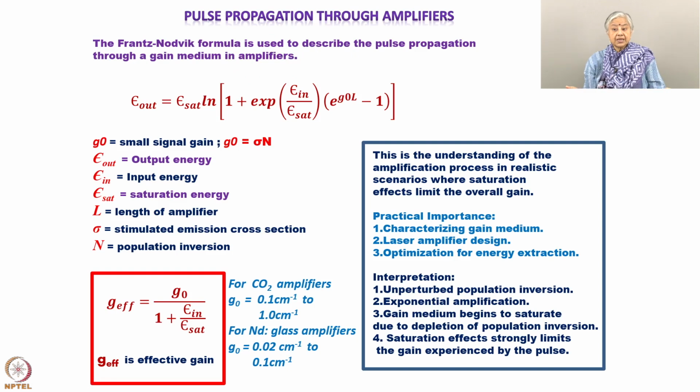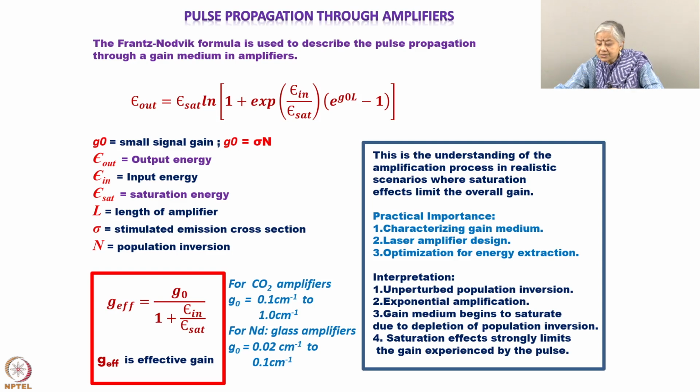It is a cornerstone in the theory of pulse propagation through amplifiers. There have been lots of modifications. People have modified it to their system, but it is still a very useful formula to understand the propagation.